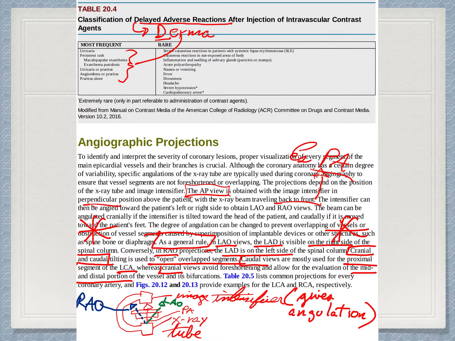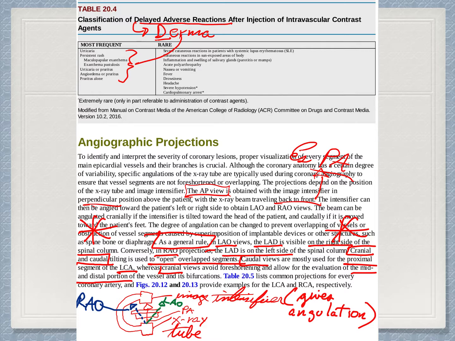Wherever the image intensifier is located relative to the patient, that is the angulation we will give this angiographic projection. So this is what gives us the angulation. If the image intensifier is straight over the patient, crossing the patient in the middle, it's called an AP view, which technically should be called a PA view since the X-ray crosses the patient from behind.